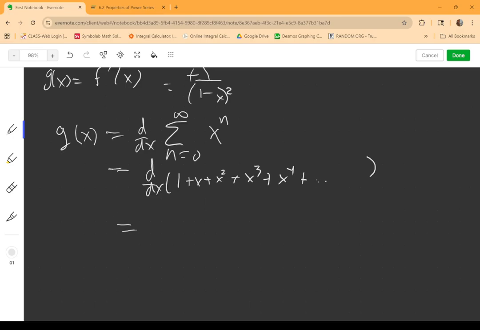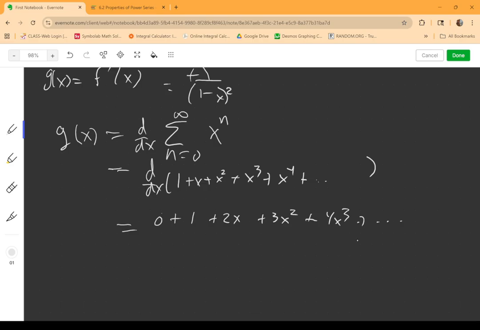It's just repeated application of the power rule. So this becomes 0 plus 1 plus 2x plus 3x squared plus 4x cubed, etc.